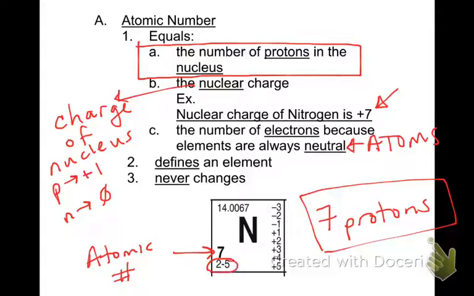Well, if you add them up, you'll get a total number of electrons. 2 + 5 is going to give us our atomic number. So we can say that since all atoms are neutral, the atomic number is equal to not only the number of protons, but also our number of electrons. Kind of cool, kind of nice.